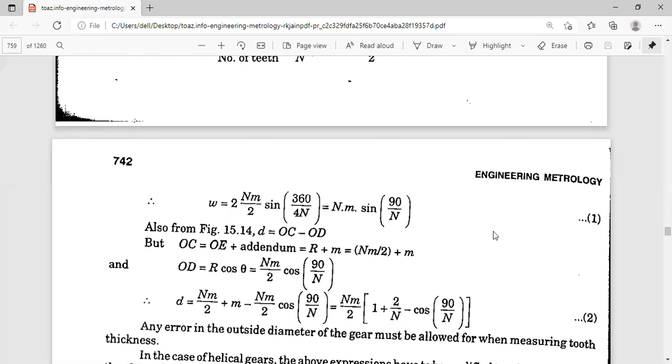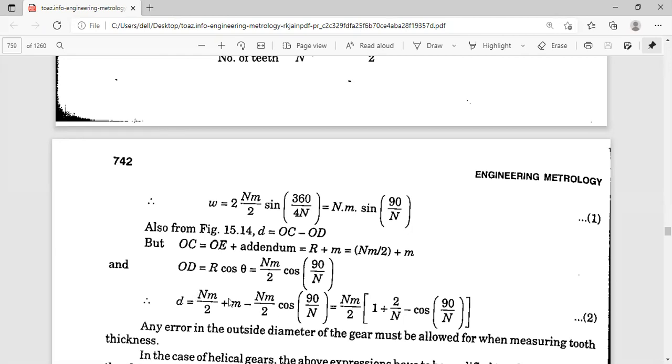So what is D here? D is equal to OC minus OD. OC is Nm by 2 plus M, minus Nm by 2 into cos 90 by n for OD. The common thing here is Nm by 2.